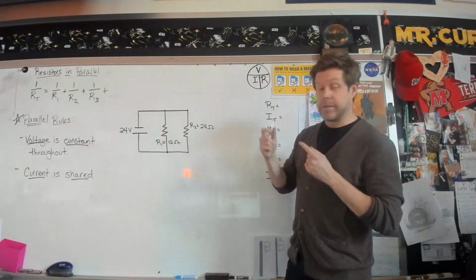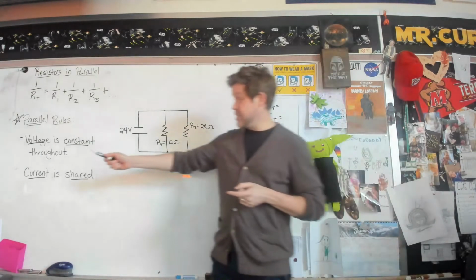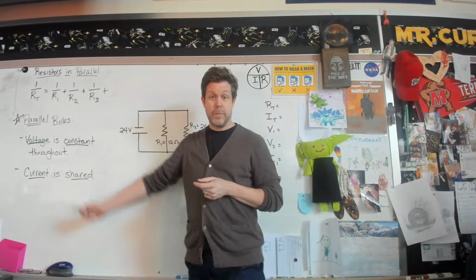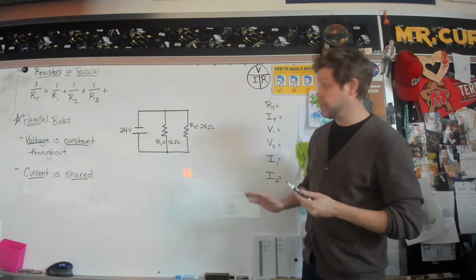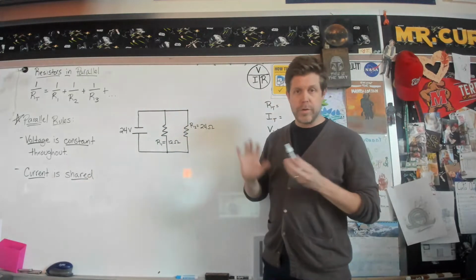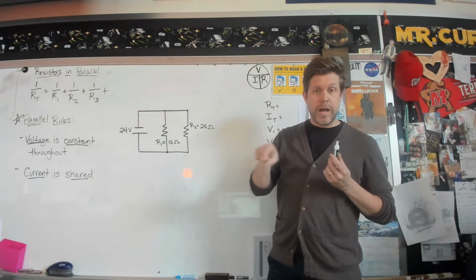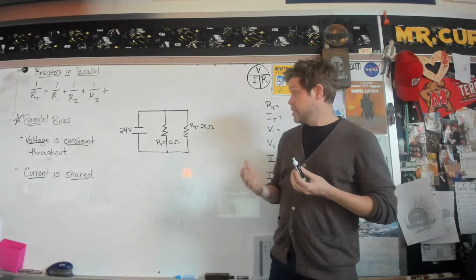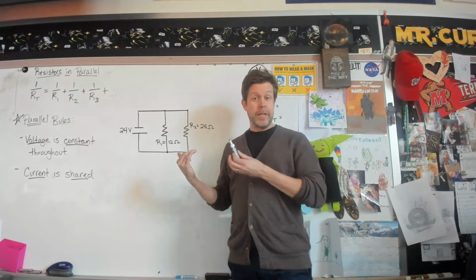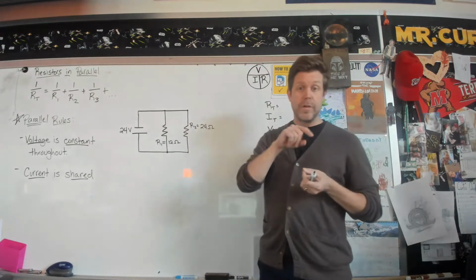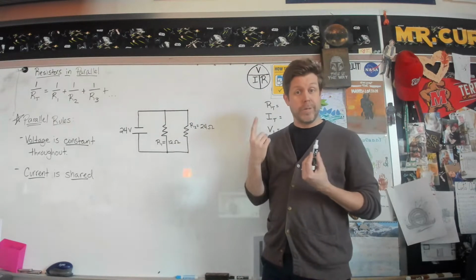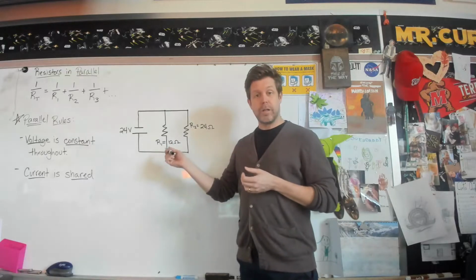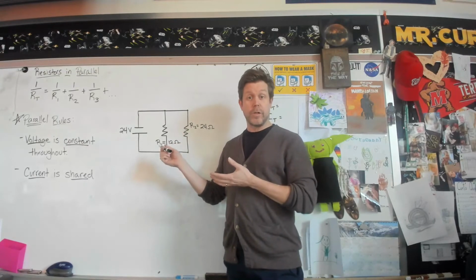All right. Now, the second thing we need to keep in mind is the way current behaves in a parallel circuit. Remember, in parallel, we have multiple pathways. We are no longer limited to one pathway for electricity to flow. So where series was limiting in that the current had to be moving at the same speed everywhere because of one pathway, in parallel, we have other options for electricity to flow.